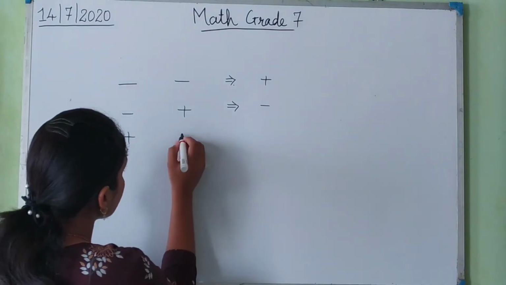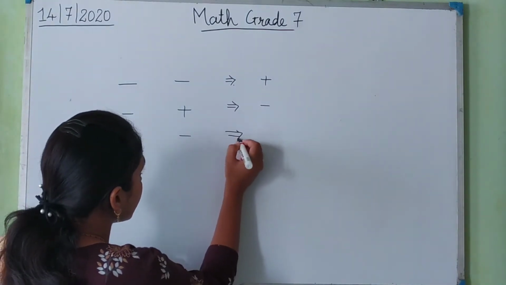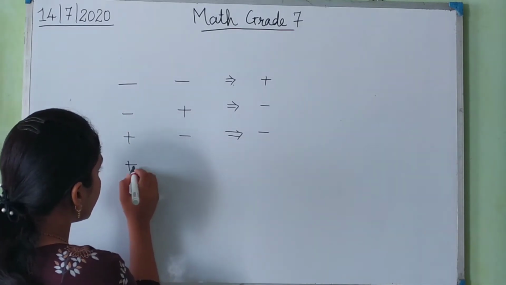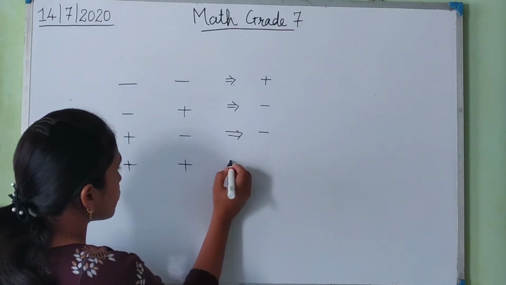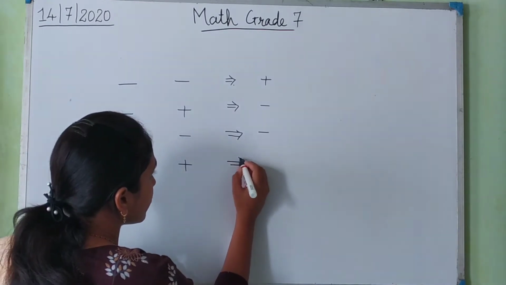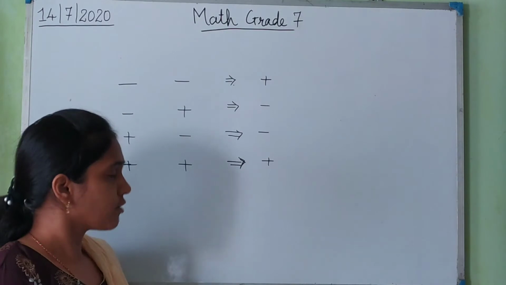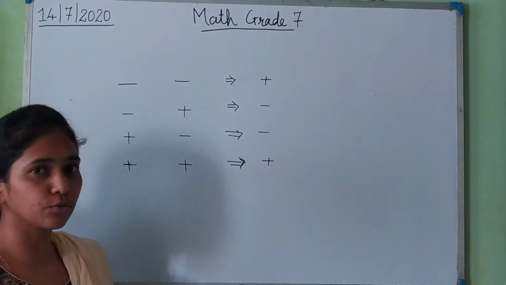If the first number is positive and the second is negative, then the sign of the final answer will be negative. And if both are positive, there is no issue. The sign of the final answer will always be positive.